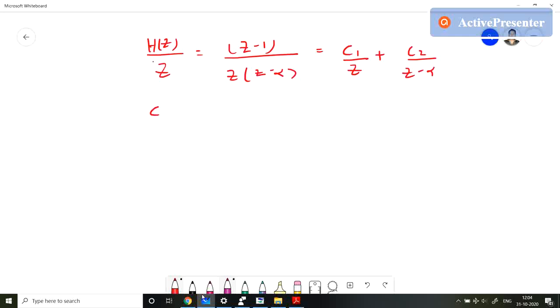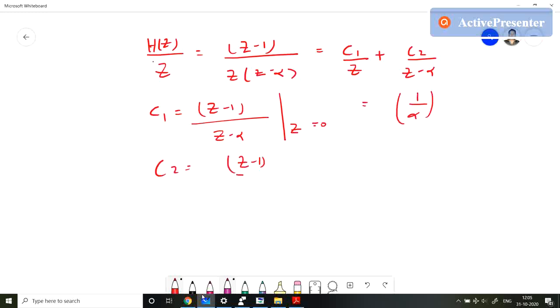Now what is c1? c1 is equal to (z minus 1) divided by (z minus alpha), evaluated at z equal to 0, and that is equal to 1 divided by alpha. And what is c2? c2 is (z minus 1) divided by z, when we have z equal to alpha, so that is equal to minus (alpha minus 1) divided by alpha.